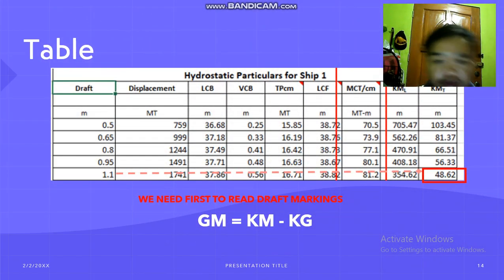After obtaining the value of KG, it is very simple: you just need to subtract the value of this KG from KM. Where can you obtain the value of KM? The value of KM is obtained from the hydrostatic tables in our ship stability booklet. In this example, we have a 1.1 meter mid-draft, and then you get the drafts and calculate it.